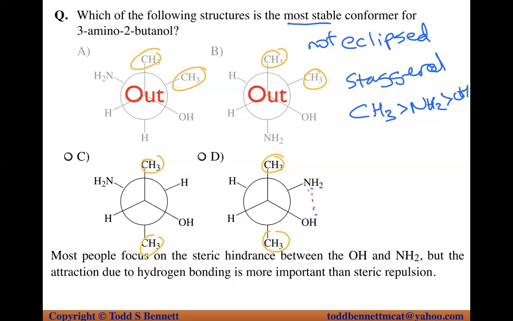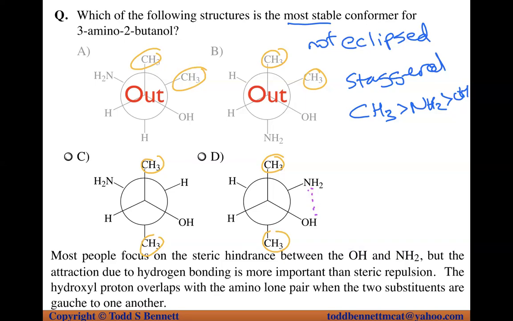So you have to worry about steric hindrance for bulky groups like CH3s, which don't want to be near each other. But you have to worry about attractive forces. So your most stable structure is actually choice D. So right out of the gate, I'm giving you a trick question, if you want to call it that. But I don't know if it's a trick question as much as don't focus only on the small piece.